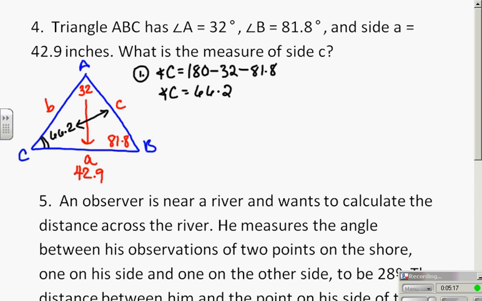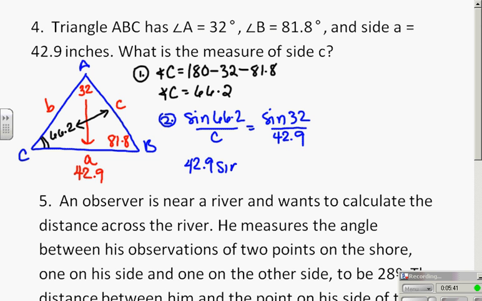Now, I know a pair of angles and their sides directly opposite each other. This is a great candidate for the law of sines. And so I'm going to say the sine of 66.2 over the side I don't know is equal to the sine of 32 over its side that I'm given. Again, I use as much given information as I can.